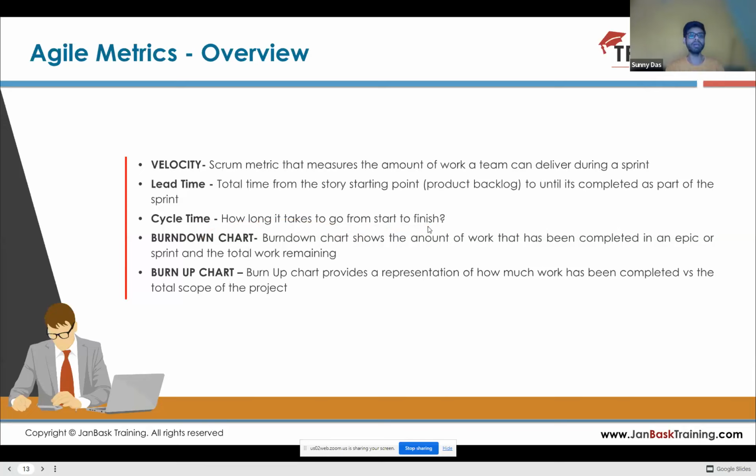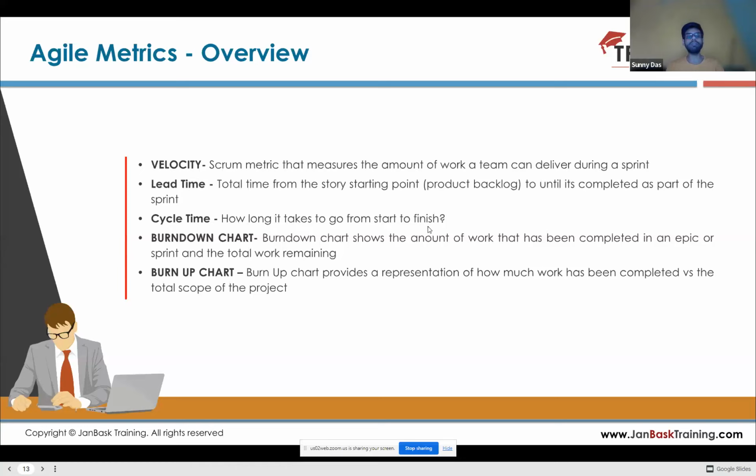So there is a bug, you are not able to execute that particular test case, so the bug has to be fixed by the developer and then you will be able to test it and complete the story, right? In that case, that story will be spilled over to the next sprint, right? Because the sprint will be completed after 2 weeks, and the next sprint will get started. So your story will be spilled over to the next sprint.